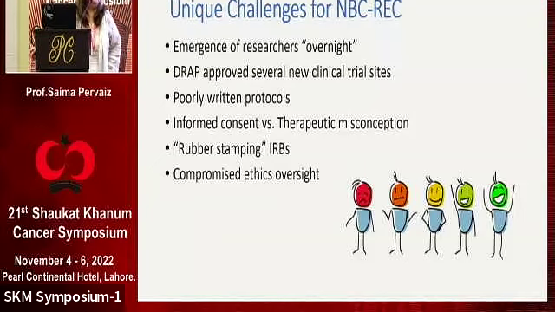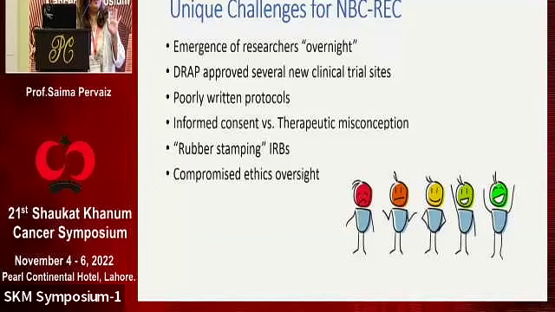We have seen a lot of unethical research being approved by IRBs. One of the processes is that you have to show us the IRB approval letter from your parent institution. And when such research comes to the NBC REC, we are very critical of those IRBs.